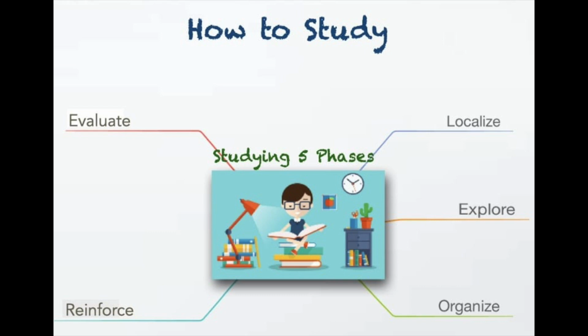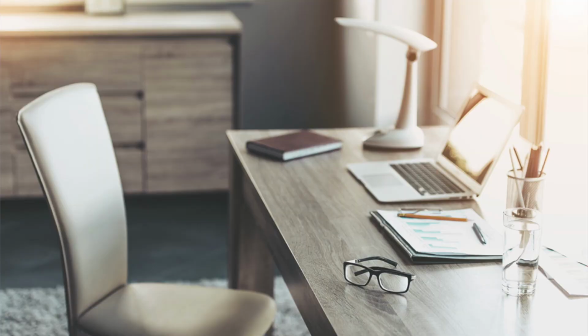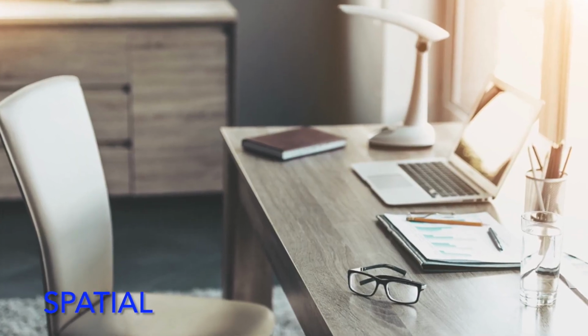And in order to study, we have also to prepare for the study, to prepare ourselves, to prepare the material, and prepare the space where we are going to study. So the first phase of preparation to study is the spatial preparation. So it's the place that we are going to study, where we will be when studying. We should pay attention to the level of lighting in a place.